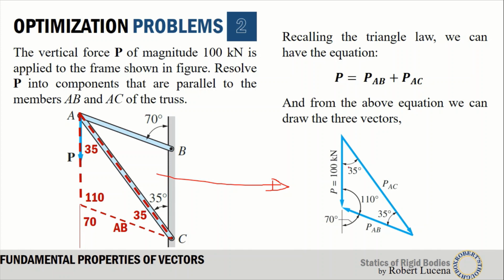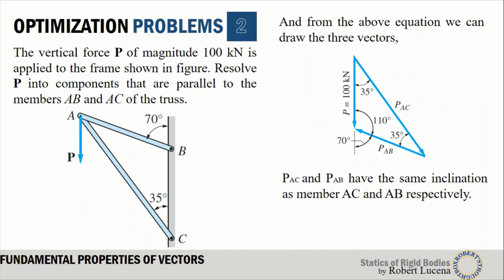That's how you add. So again, PAC plus PAB, then their answer is drawn from the tail to the tip. So we have the diagram here. Make sure that all the interior angles are properly labeled for the ease of analyzing the problem.